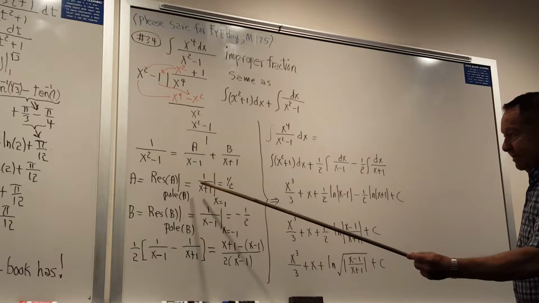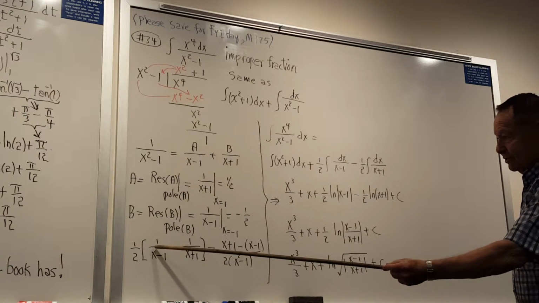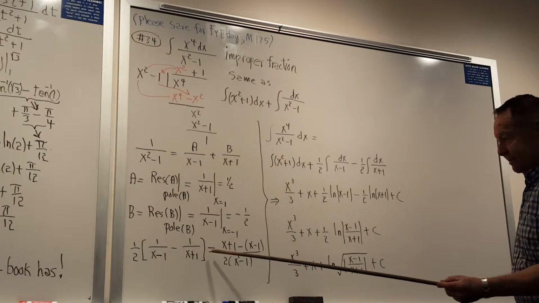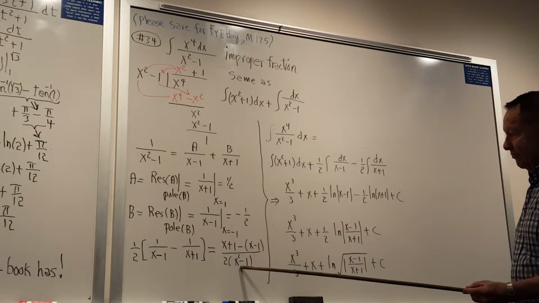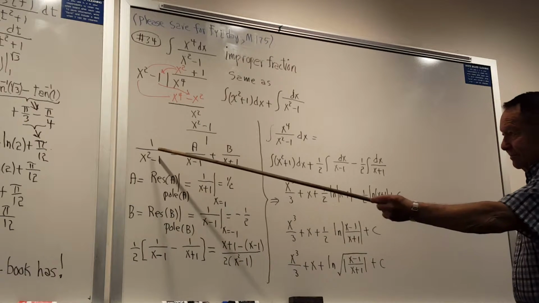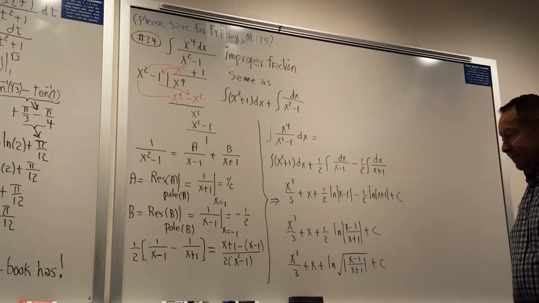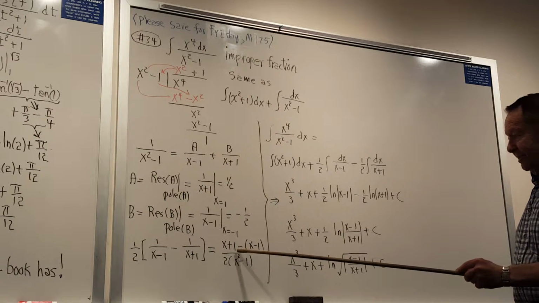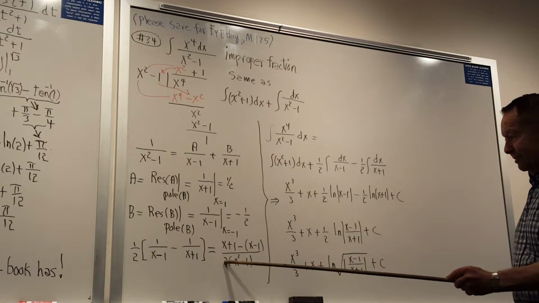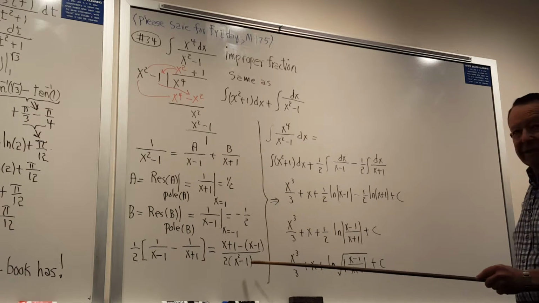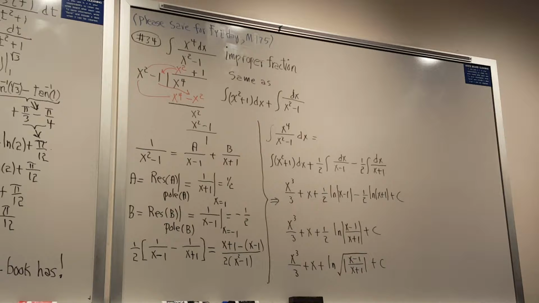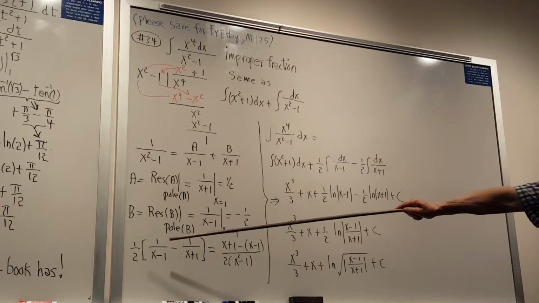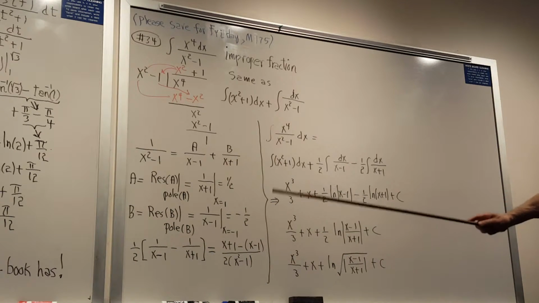And you notice then that if you do the partial fractions and check the addition, it works out to give you the 1 over x squared minus 1, because the x's cancel and you have 2 over 2. So however you get them, these are the partial fractions.